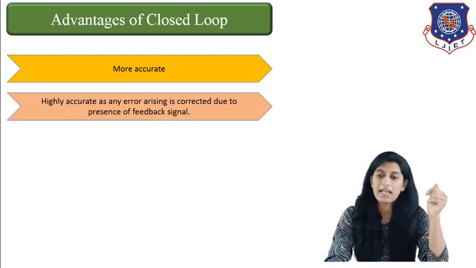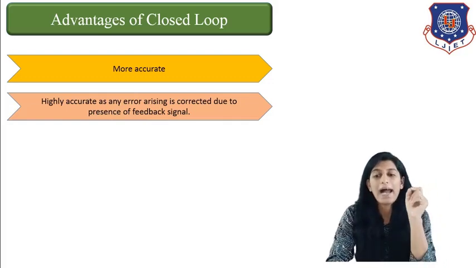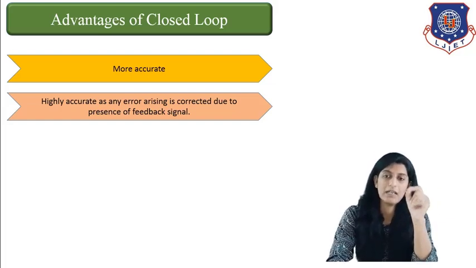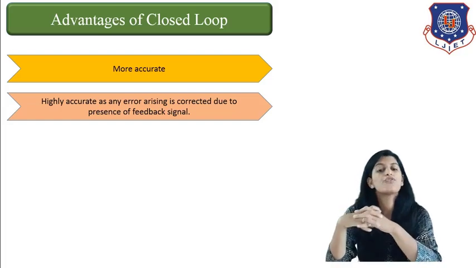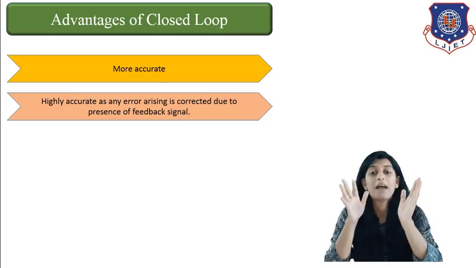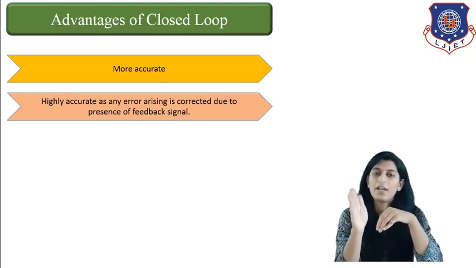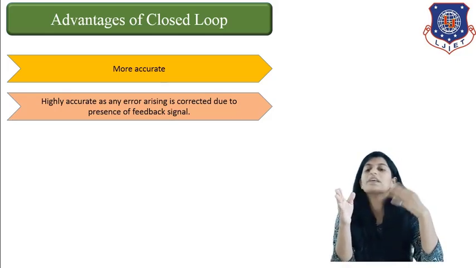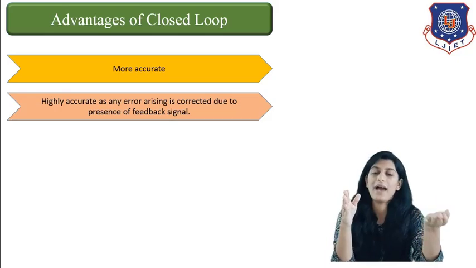The next advantage is that it is highly accurate, as any error arising is corrected due to the presence of a feedback signal. In case of a closed loop system, we are comparing both the values. We are comparing the input given by you, or the desired value that you want, with the output given by the system.